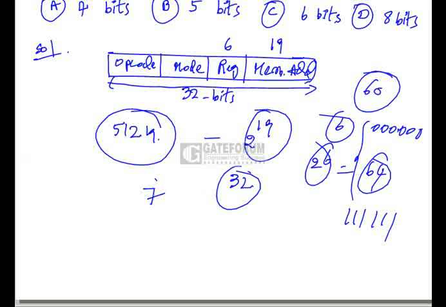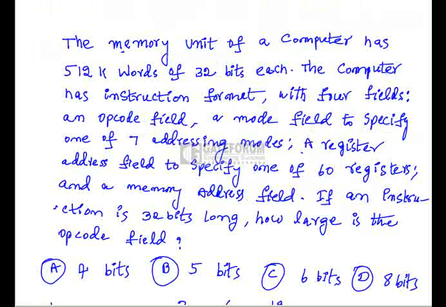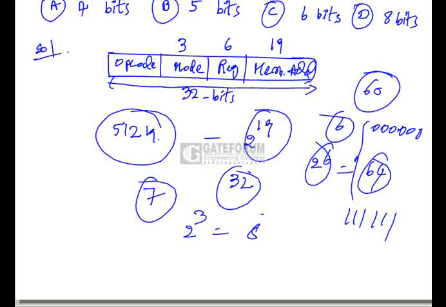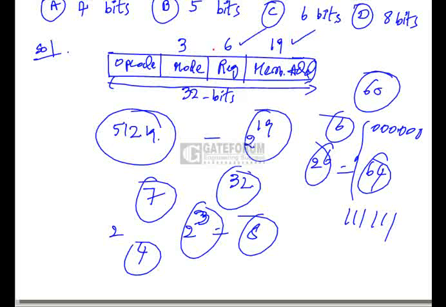As there are 7 addressing modes, we use 3 bits for the mode field, to say what type of addressing mode it is. Using 3 bits, we can have a maximum of 8 addressing modes. If we use 2 bits, we will have only 4. That is why we use 3 bits for the mode field. Then out of these 32 bits, 19 plus 6 plus 3, that is 28 bits, are used.